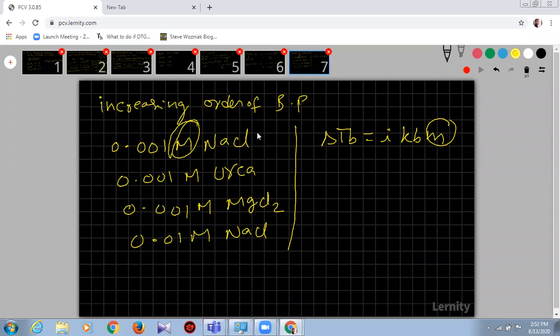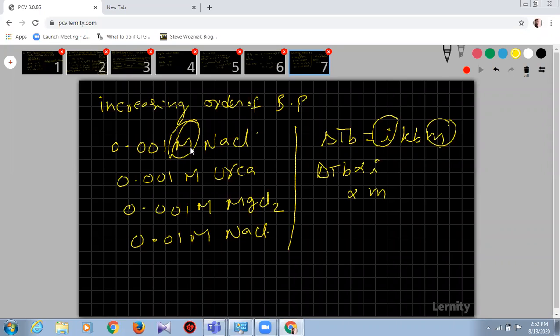Here NaCl, here NaCl, but the concentration is different: 0.001 here, 0.01 here. The others have the same concentration. So both the i factor as well as the concentration play a key role. Delta Tb is directly proportional to i, and directly proportional to molality also.